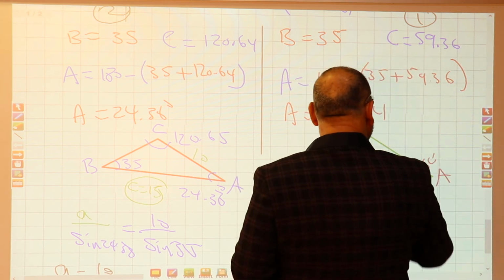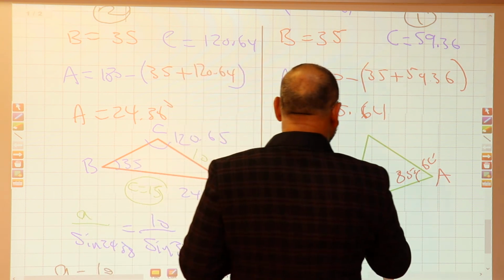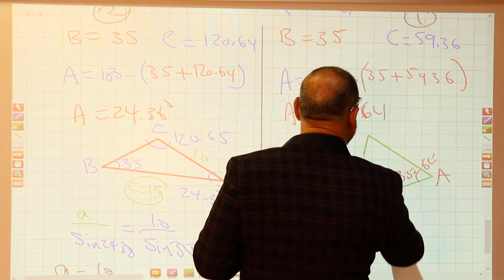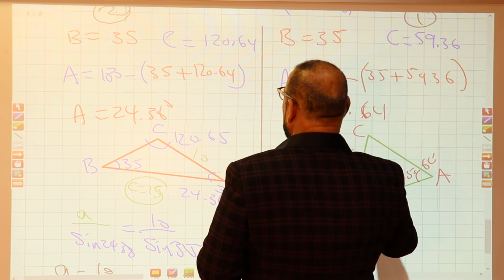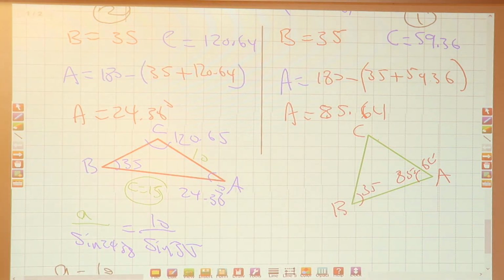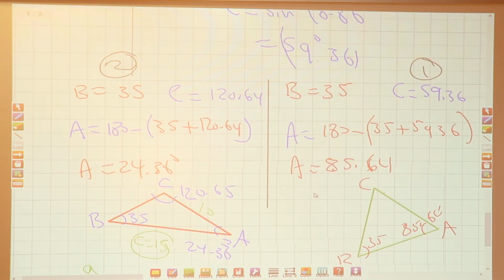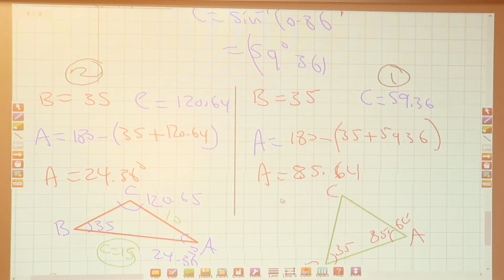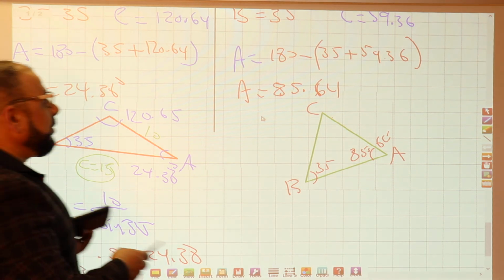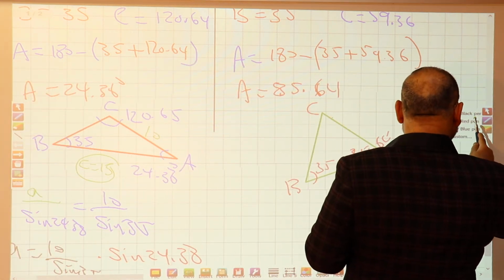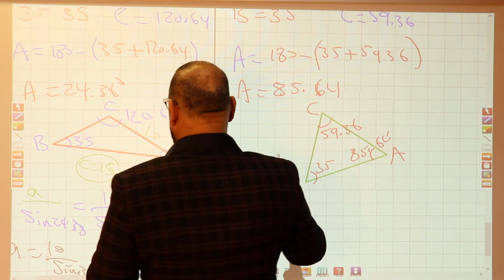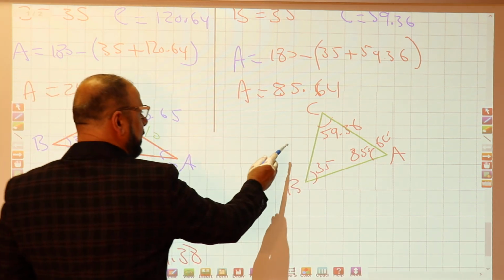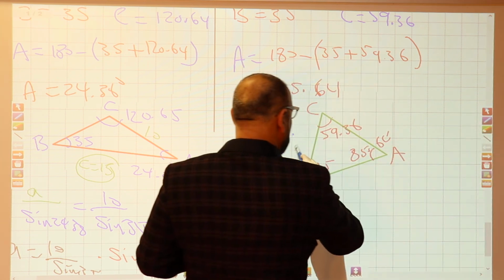A is 85.64, and we know B is 35, and C, the angle C, is 59.36. Now A is 10 and C is 15.